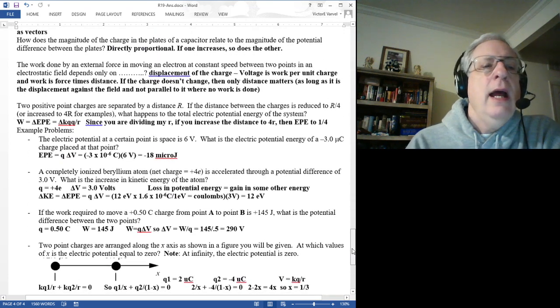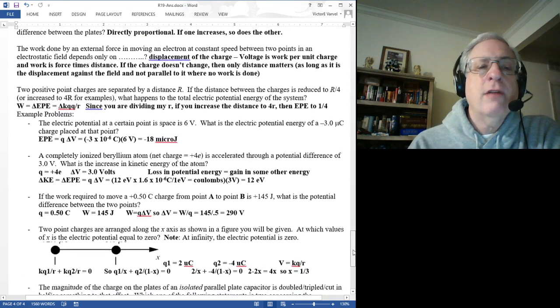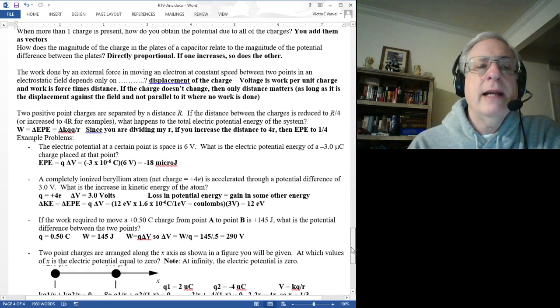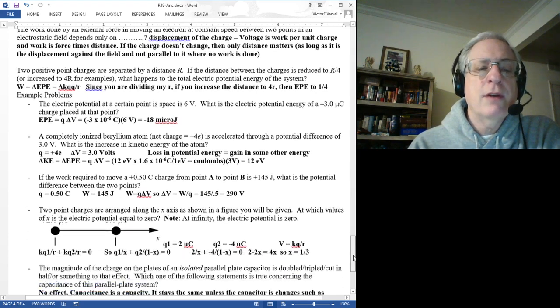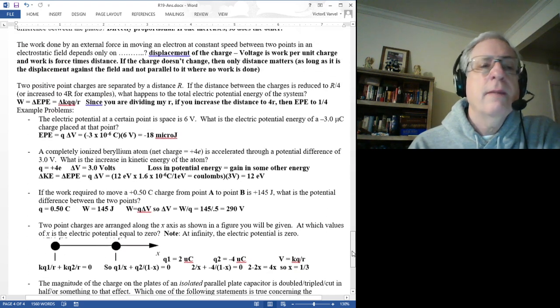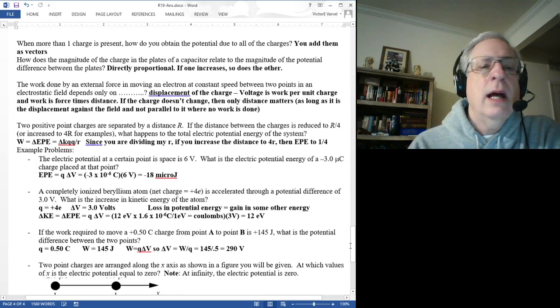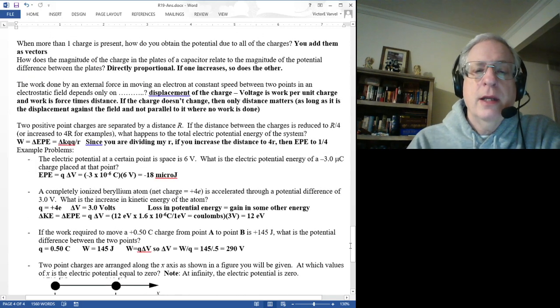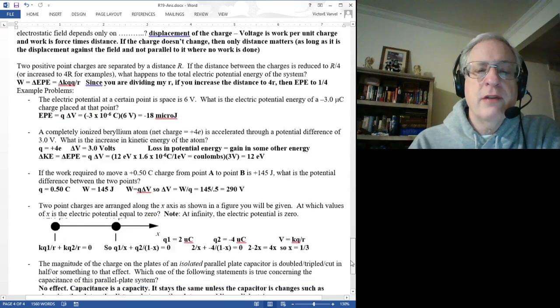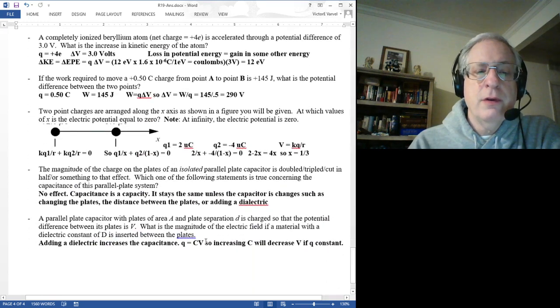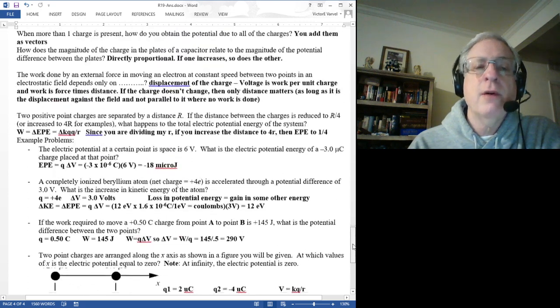So how does the magnitude of the charge, that's Q, of a capacitor relate to the magnitude of the potential difference? That's the V. Well, it's directly proportional. If one increases, so does the other. They're on opposite sides of the equation, so if one goes up, the other has to go up.